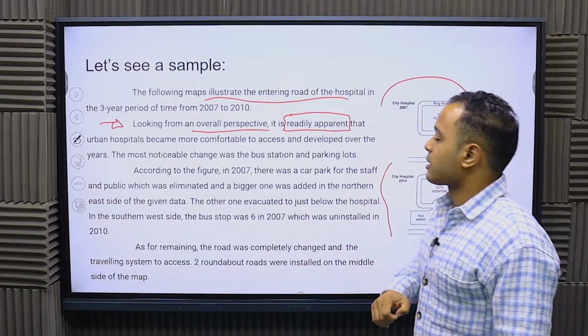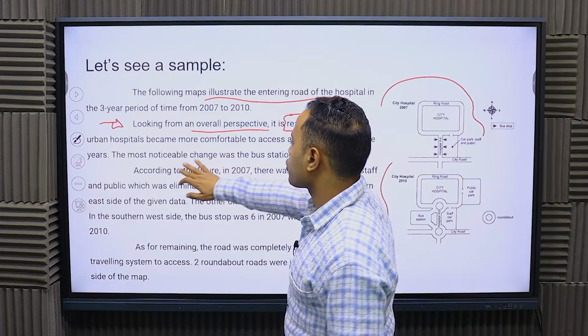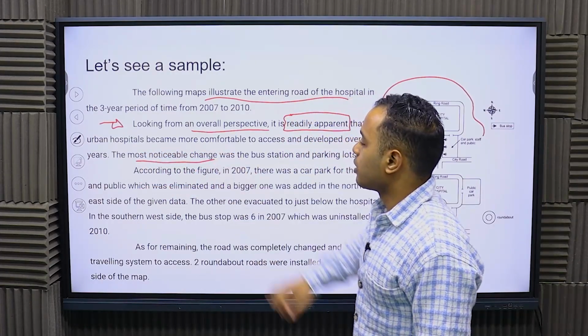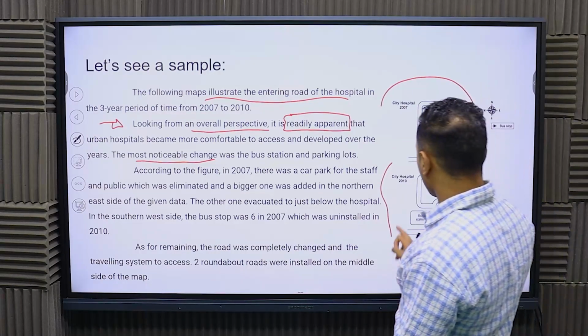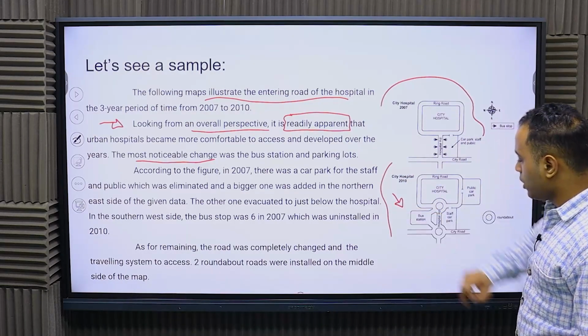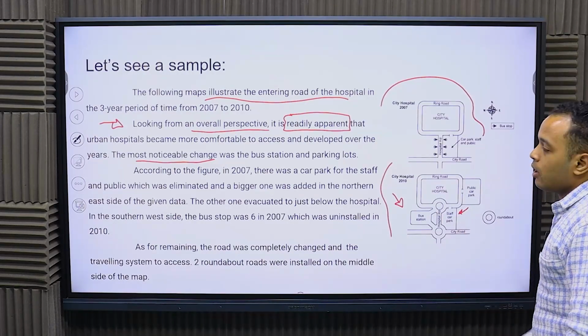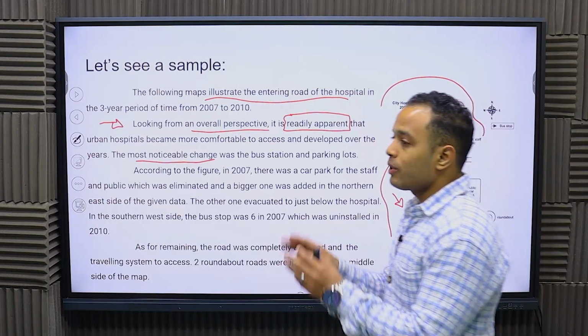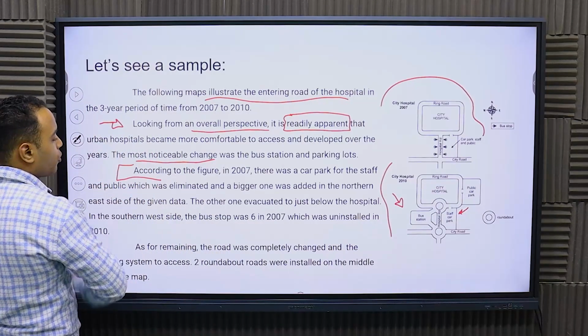or your task 1 paragraph. In addition to this, as you can see here, it just talked about the noticeable change that took place regarding the bus station, and we highlighted this one, the bus station, in addition to the parking lot, which has been under major changes. Let's have a look at the second one, and this word is super important: according to.